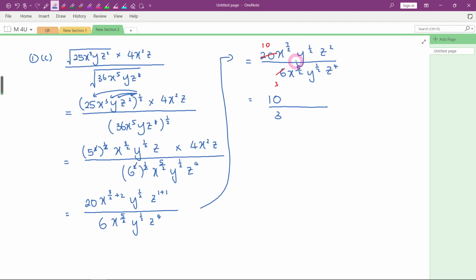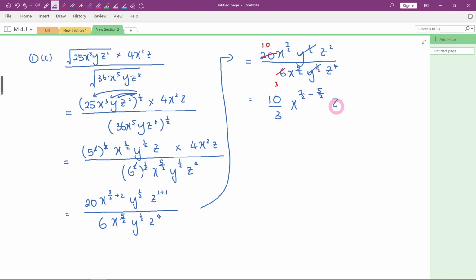Okay, now x power 7 over 2, or I write it this way, x power 7 over 2 minus 5 over 2. Because this is divide, so I need to minus the index. So this y power 1 over 2, y power 1 over 2, you just cancel them. No more y power 1 over 2.